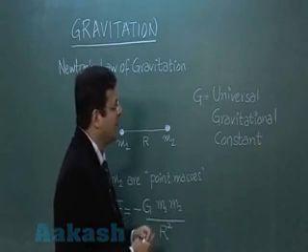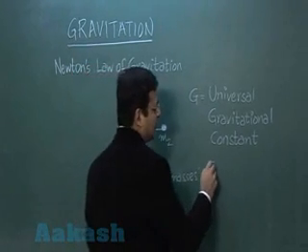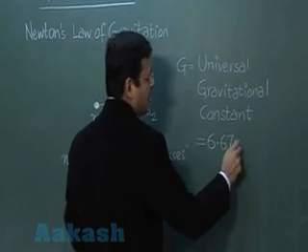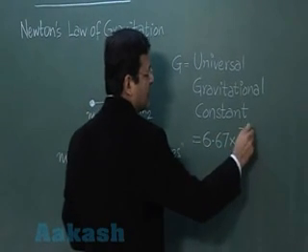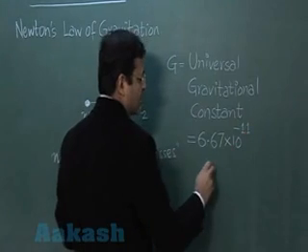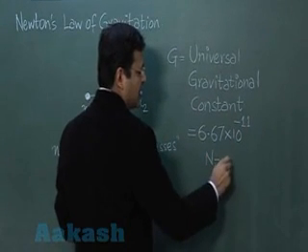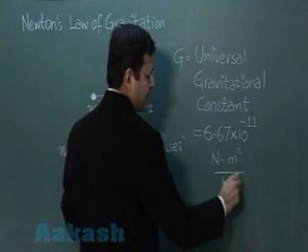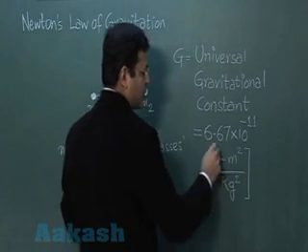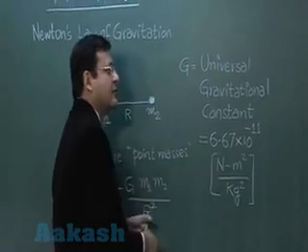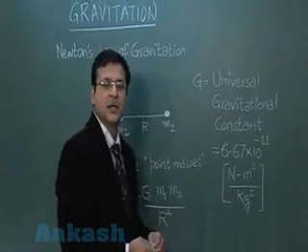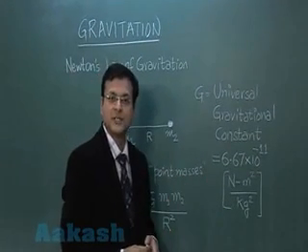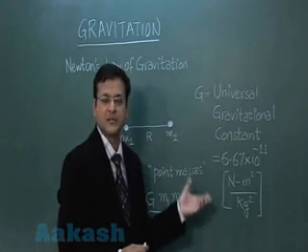It has been experimentally obtained that the value of capital G is around 6.67 into 10 to the power minus 11 Newton meter square per kilogram square. You understand? The meaning of universal is that whatever may be the two bodies, this value of the universal gravitational constant will not change, it will remain constant.